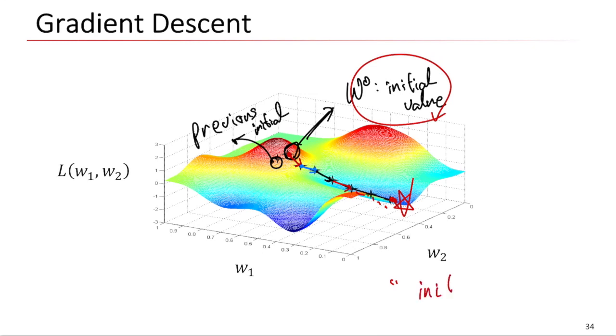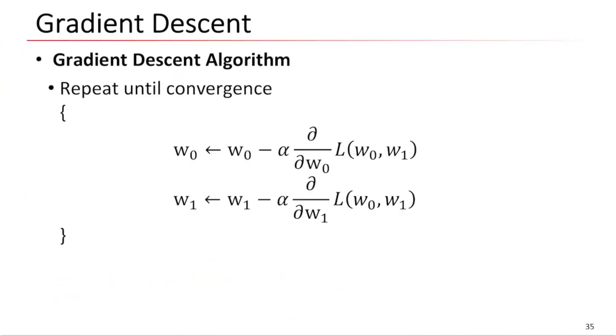So I would say the initial values or initial parameters are more important than the other points. Okay, so this is the general idea of gradient descent.